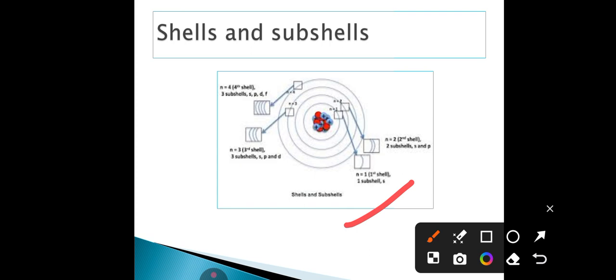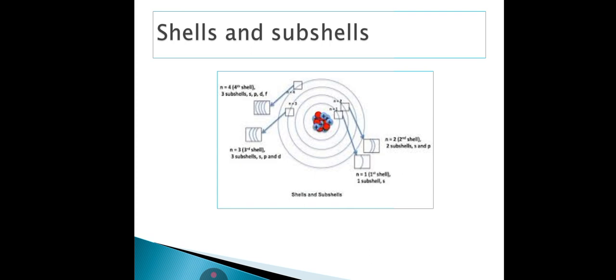When we come to quantum mechanics, to understand an electron, there are different quantum numbers to identify the position of an electron, the shape of the orbital of the electron, the energy of the electron, and also the spatial orientation of the electron. Based on all these factors, there are different quantum numbers.